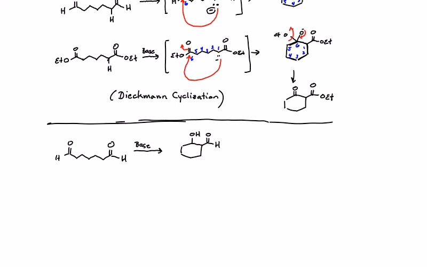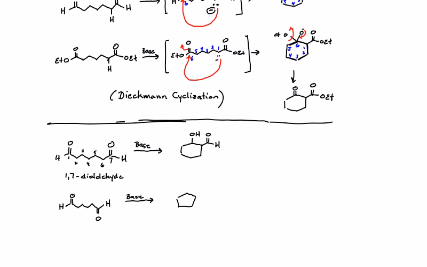Okay, so this is a 1, 2, 3, 4, 5, 6, 7. That's a 1,7 dialdehyde. Okay, but if we had chosen to use a 1,6 dialdehyde, which would look like this, and treat that with a base, we would wind up with a smaller ring.